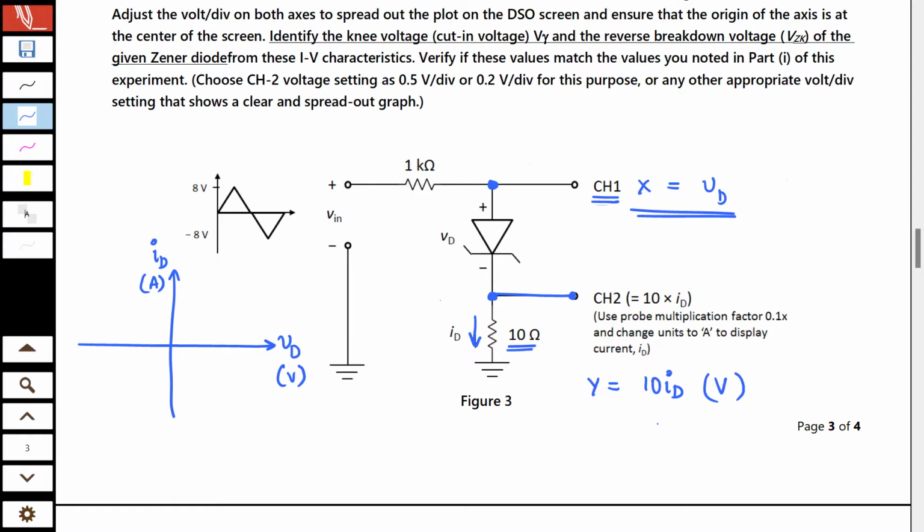So for channel 2, we go to channel 2 settings and select 0.1 as the probe factor. As a result, this now becomes ID instead of 10 ID, and we change the unit from volt to ampere. So what you are now showing on channel Y is ID in amperes.